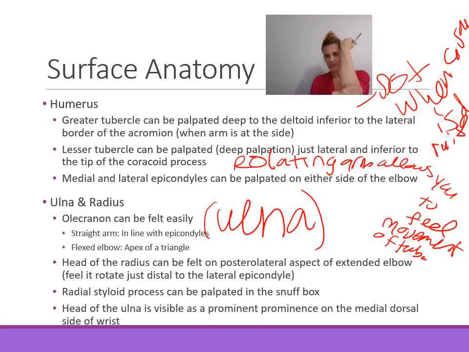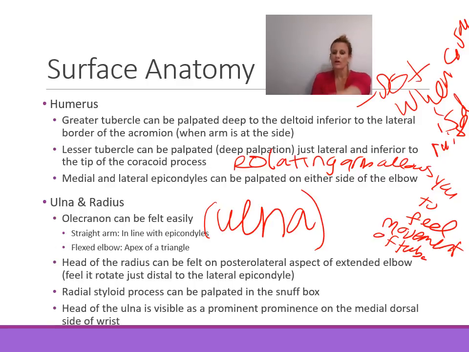If you go just distal, or closer to the hand, from the lateral one, on the thumb side, and then rotate, the head of the radius rotates, so you can feel that process rotating as you twist your arm back and forth. So you know that you have the head of the radius there.